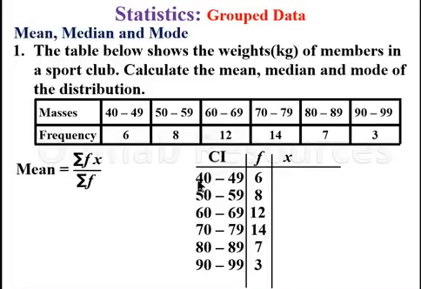How do we get the mid value? Is to find the average of the upper limit and the lower limit of each class interval.